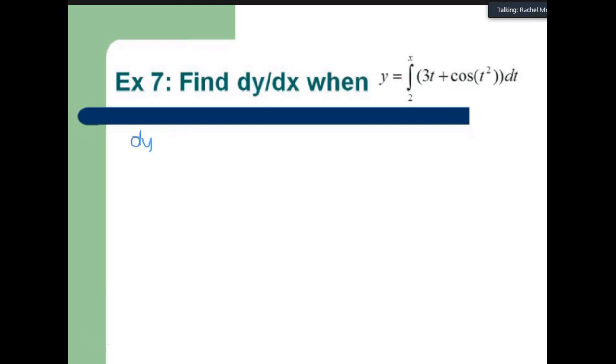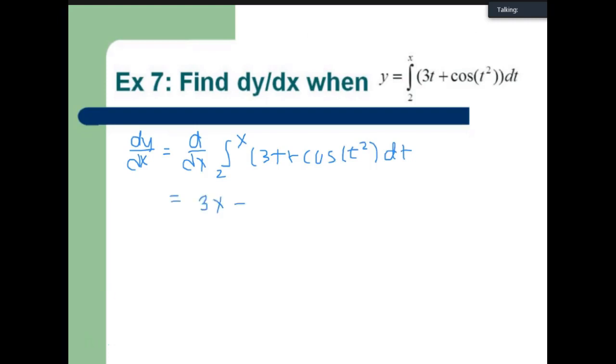So dy dx is equal to d/dx of the integral from 2 to x of 3t plus cosine t squared dt, which becomes 3x plus cosine x squared. The derivative of that integral is 3x plus cosine x squared.